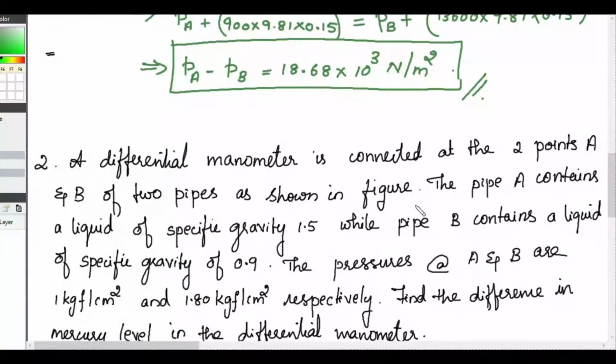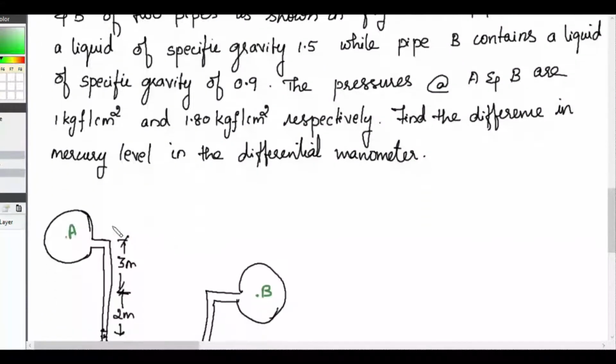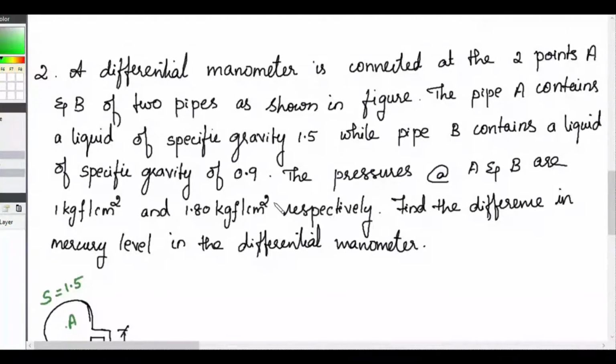Now, pipe A contains a liquid of specific gravity 1.5, while pipe B contains a liquid of specific gravity 0.9.